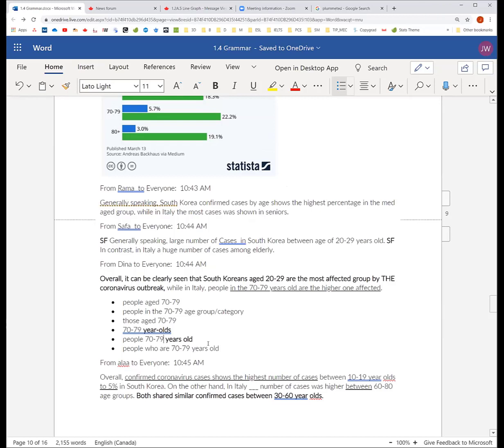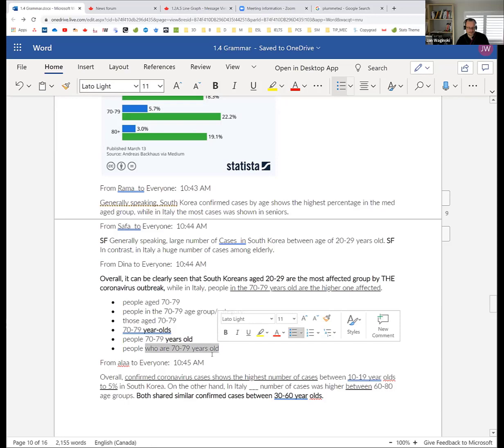The first one, its year looks like it is an adjective for olds. But for the second one, I don't know. For the people 70 to 79, why here years old? Something related to people. So this one is just the short form of the relative clause one: people who are 70 to 79 years old.